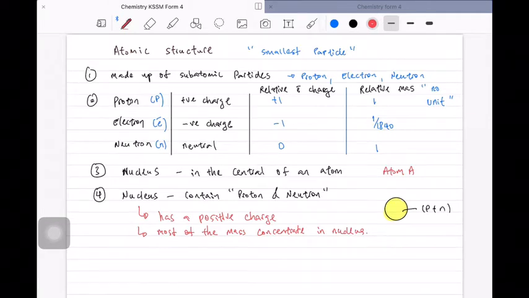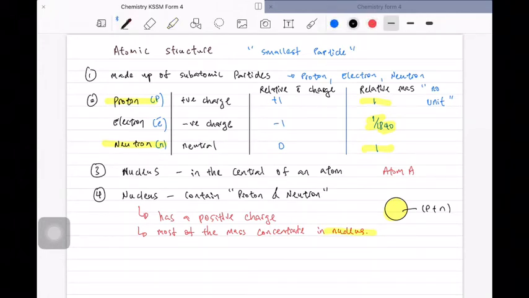Alright, why? It is very obvious because as you can see, the relative mass for proton is 1 and neutron is 1. So total is 2, the relative mass, depends on how many proton and neutron it has. Compared to electron, it is 1 over 1840, which is relatively small. So most of the mass is concentrated in the nucleus.